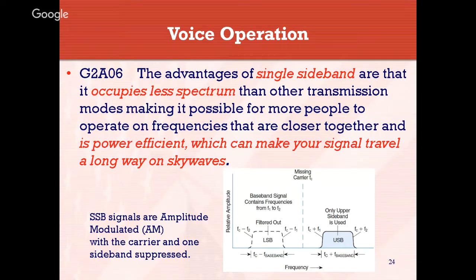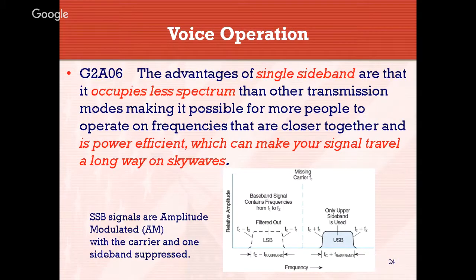Sideband concentrates all of the energy that your transmitter produces, instead of on a carrier, on that sideband modulated signal.